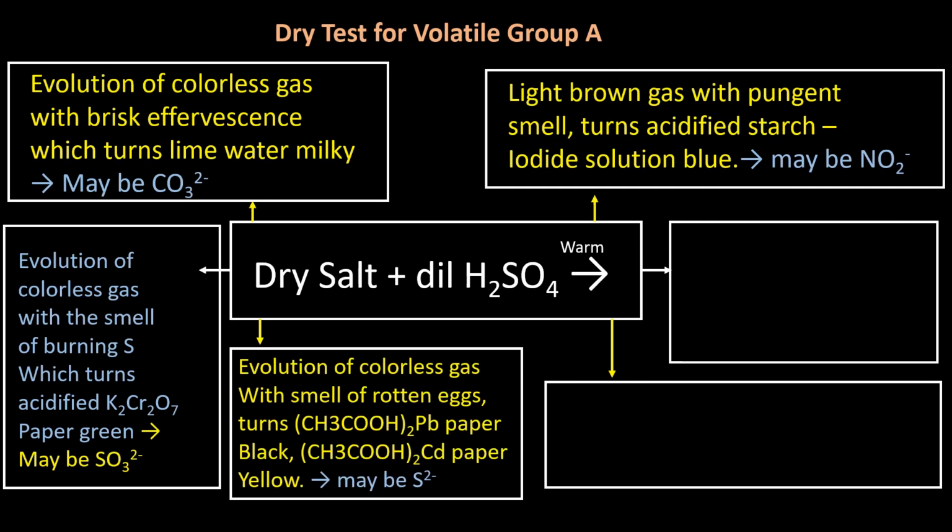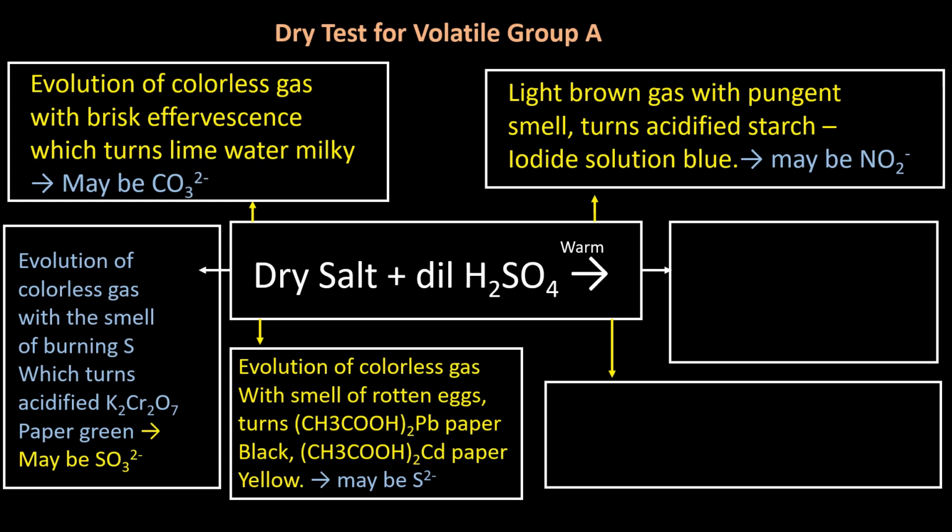Then evolution of gas with the smell of rotten eggs, and which makes the lead acetate paper, that means paper you dip in lead acetate solution and hold over the gas, and then if you get the black spot wherever the lead acetate solution is there, then it is sulfide.